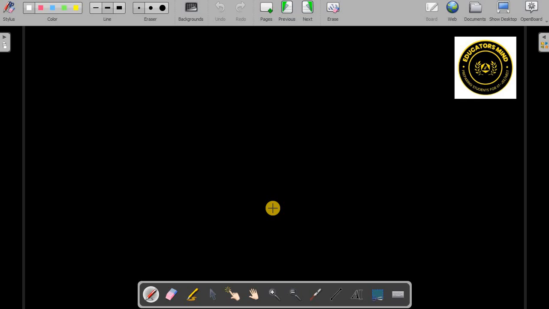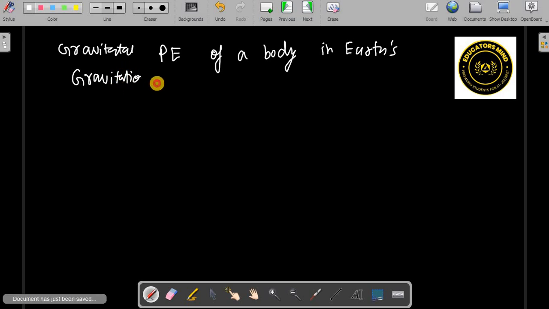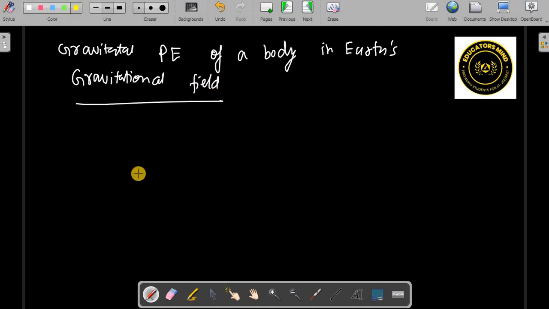Now what will happen if you consider Earth? What is the gravitational potential energy of a body in Earth's gravitational field? Consider that this is Earth, and let us take a particle on the surface of Earth.